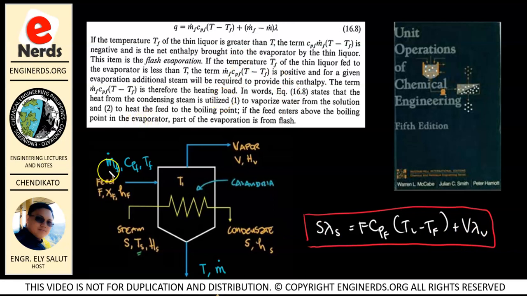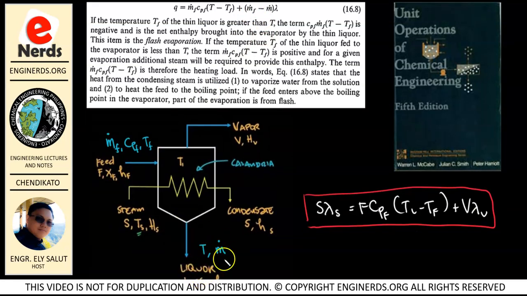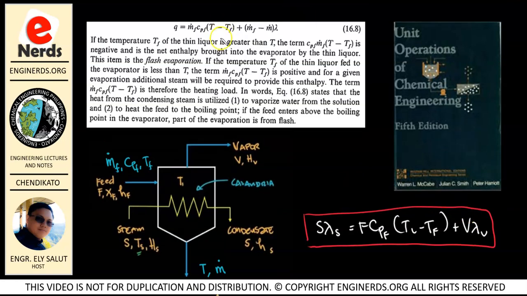So, it is because the mass flow rate of our feed, MF, minus the mass flow rate of our liquor will be the mass flow rate ng vapor. So, yan yung nasa overall material balance na ginawa natin, ano? So, this will be V, the flow rate of our vapor. So, pareho lang din yung tinutukoy niya dito. Then, itong latent heat ng ating vapor. So, basically, the same na ang nating na-derive dito sa equation na nasa McCabe-Smith.